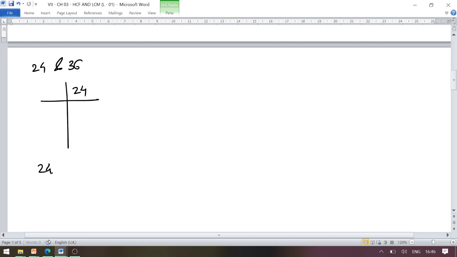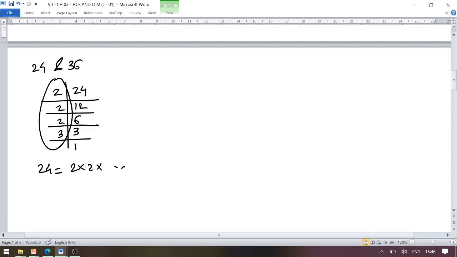Use vertical division to find the prime divisors of 24. 2 12s are 24, 2 6s are 12, 2 3s are 6, at last 3 1s are 3. So 24 is the product of its primes 2 into 2 into 2 into 3.